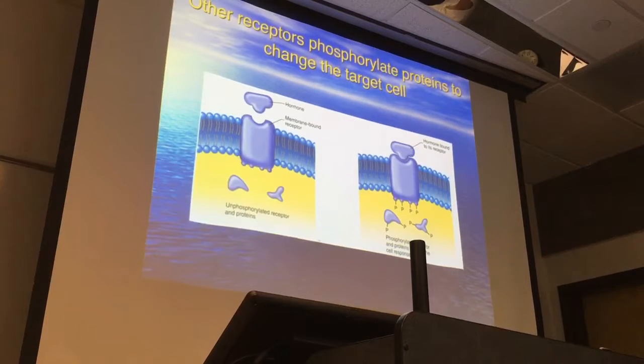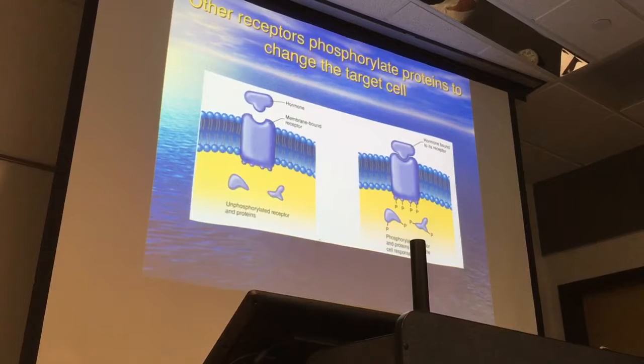Okay, other receptors, when the hormone binds, they go and phosphorylate proteins that are now active and before they were inactive. And this complex can exist for a while before it's brought in and degraded. And it can sit there and phosphorylate a whole bunch of enzymes, activate them, and then they produce a response.